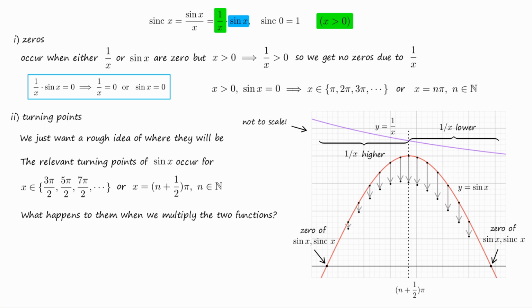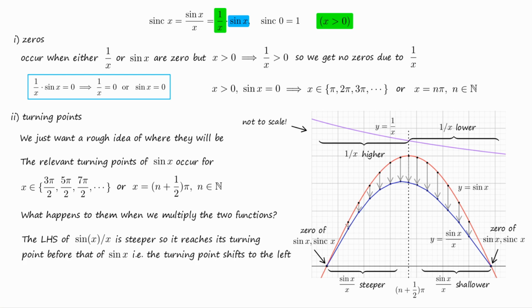And if we join the dots, we get an approximation to sine x over x in this range, from which we can see that sine x over x is steeper on the left-hand side and shallower on the right-hand side. And since the left-hand side of the function is steeper, it reaches its turning point earlier, i.e. the turning point shifts left relative to that of sine x.